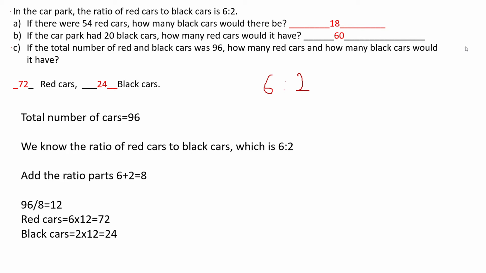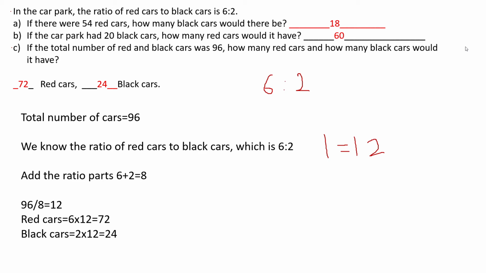So the ratio parts are 6 plus 2, which becomes 8. So there are 8 parts in total. So what we do is that we make it into one part. So we do 96 divided by 8 parts, which will make a part equaling 12.